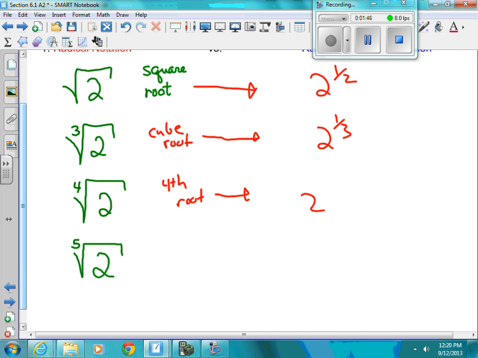We rewrite that as 2 to the 1/4 power, and so on and so forth. 5th root, if you keep going, 2 to the 1/5 power. So these expressions are equivalent. The 5th root of 2 is equivalent to 2 to the 1/5 power.